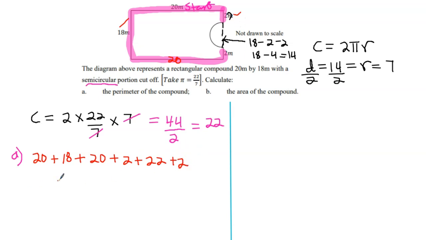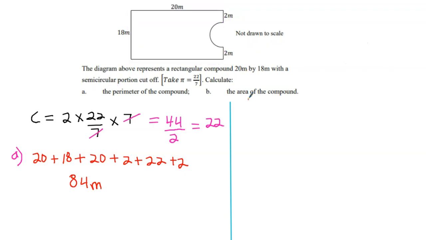When we do that, we got 84. And make sure you don't leave the unit behind. If you leave it behind, the examiners will take a mark from you. 84 meters.